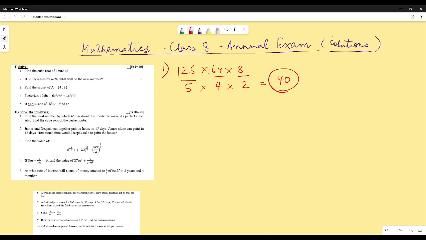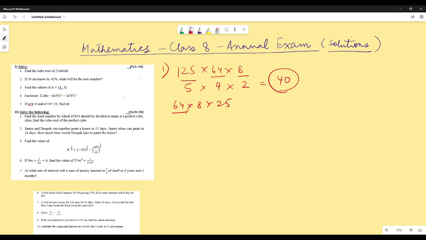But still, if you somehow missed on that and you wanted to do it with 25, not with 125 but with 25, then what you could have written was this would still have remained the same, 64 into 8 into 25.